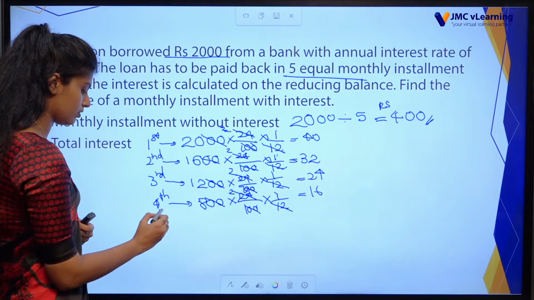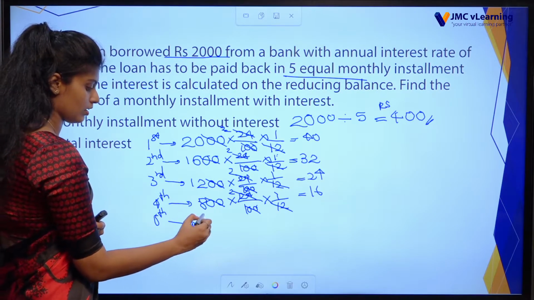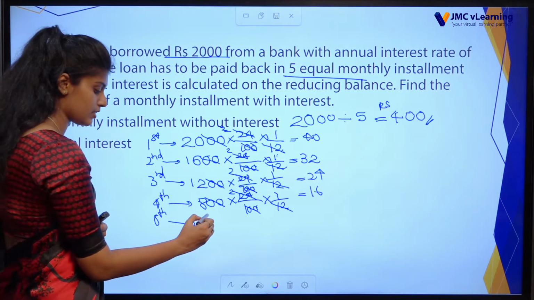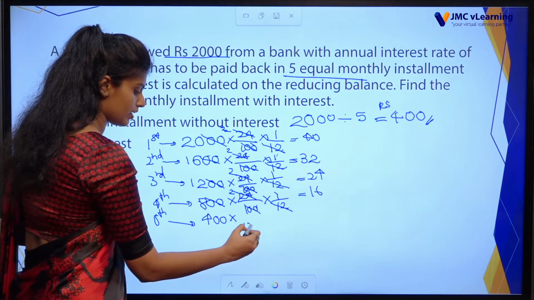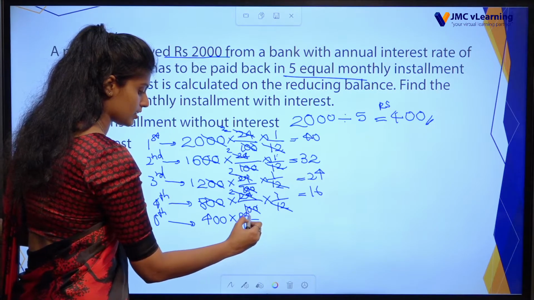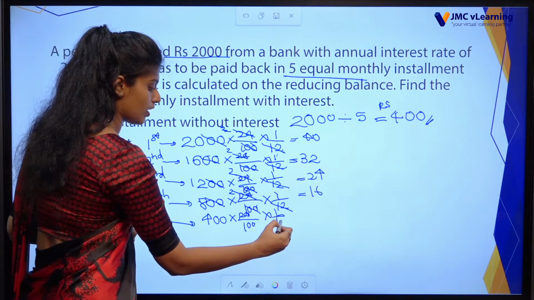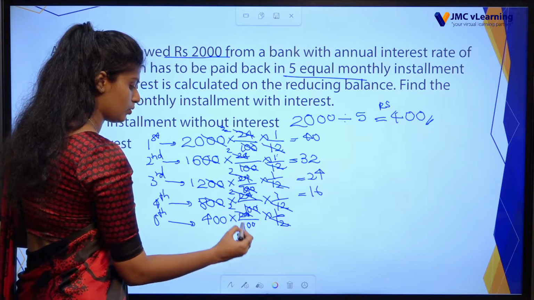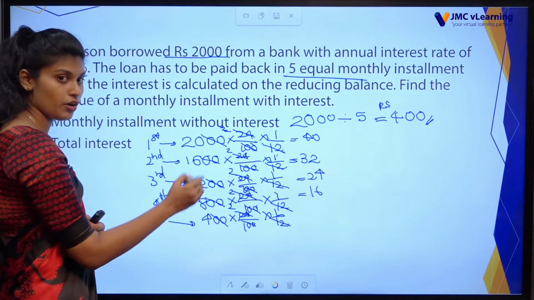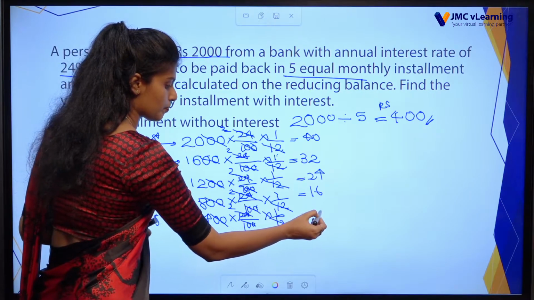Then 5th month, again reduce 400 rupees, then left only 400, multiply by 24% into 1 over 12. Divide here 2, cut zeros, 4 into 2 is equal to 8.